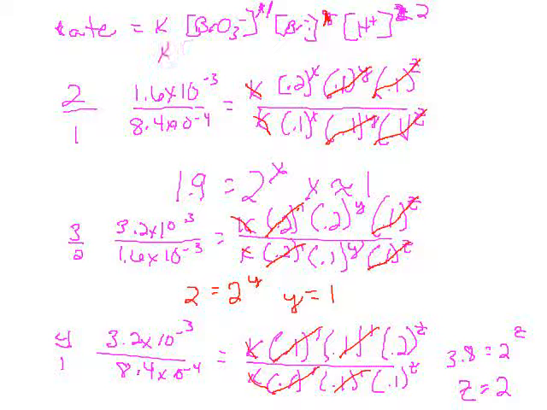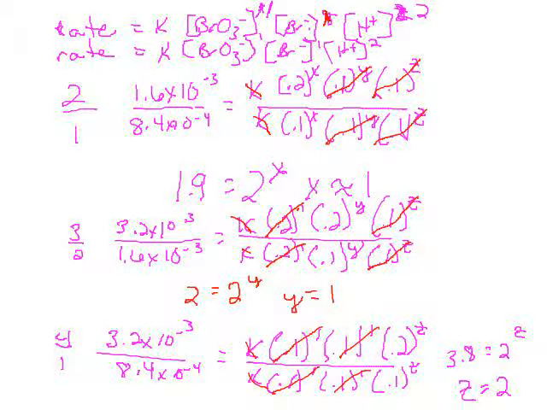So our rate is K BrO3 to the first, Br minus to the first, and H plus to the second. So at this point you could pick any experiment, plug the numbers in, and we could find out what K is.